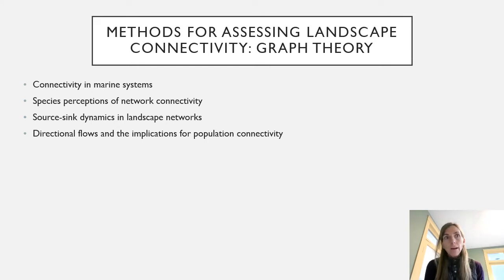So our understanding of organisms' movement based even on the physical configuration. For example, for marine organisms, we know that larval dispersal of some coral species is going to be limited directionally based on ocean currents, and that's a feature that we could incorporate.